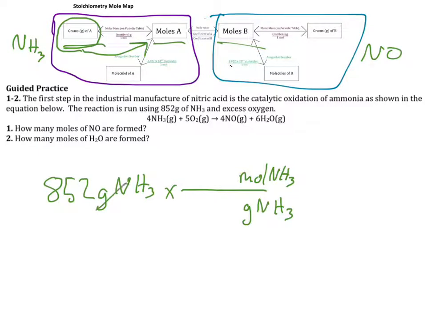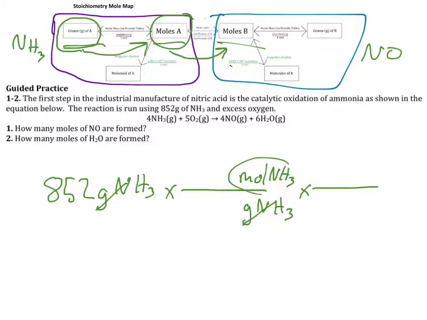These cancel, and we're left with moles of NH3. But we don't want moles of NH3. We want moles of NO, because it's asking for moles of NO. So now we are here, and we're going to go from moles of A to moles of B, from moles of NH3 to moles of NO.